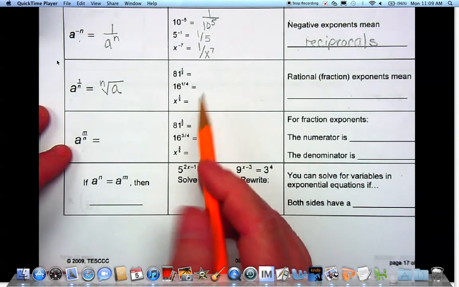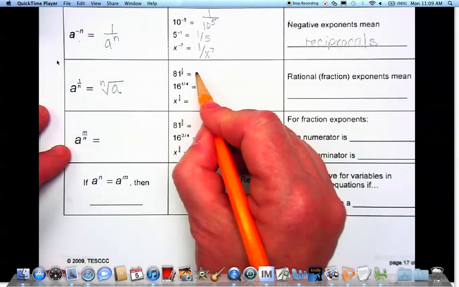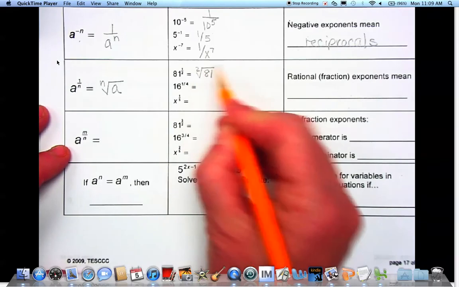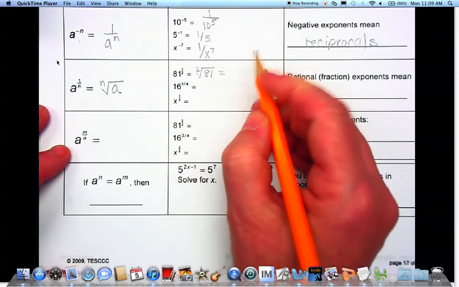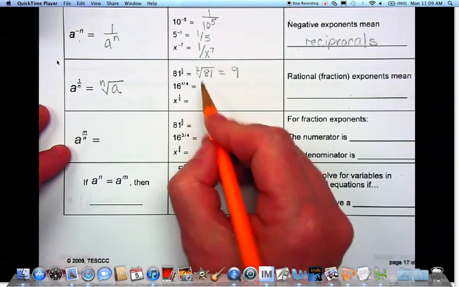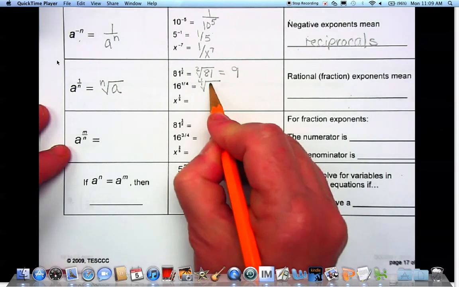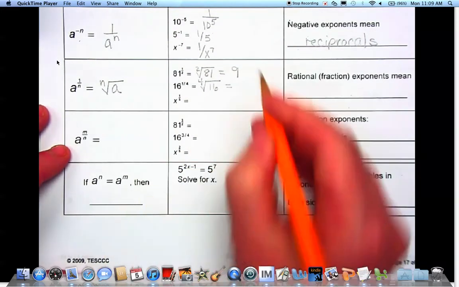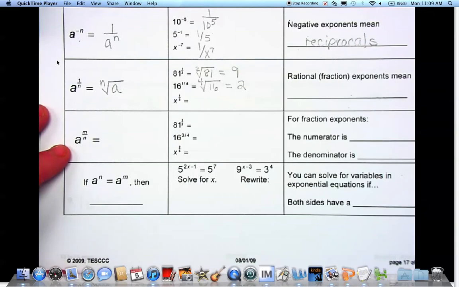So look at this. 81 to the 1/2. That would be the square root of 81. You can put a 2 in here if you want, but you don't have to on square root. That would be what? 9, because 9 times 9 is 81. This would be the 4th root of 16. 2 times 2 times 2 times 2 is 16. It's 4 of them.